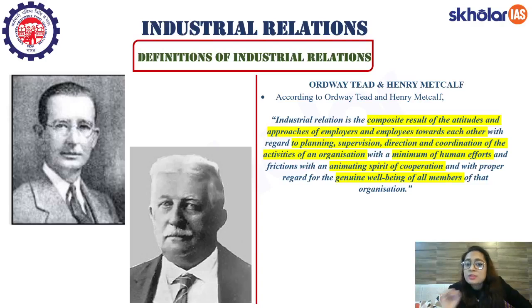It should be managed with planning, supervision, direction, and coordination of the activities in an organization between employers and employees with minimum human effort. Basically, minimum human effort means that a lot of people are not there to manage this, but it is so flowing that people understand between them what is required from the employer, what quality is expected by the employer, and the employee understands everything and tries to produce that in that manner.